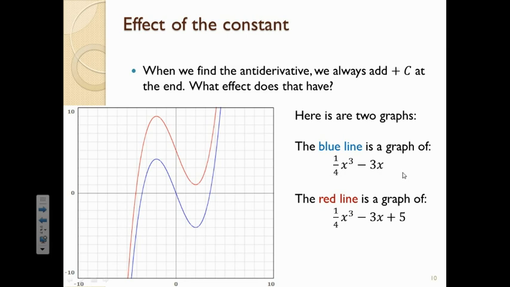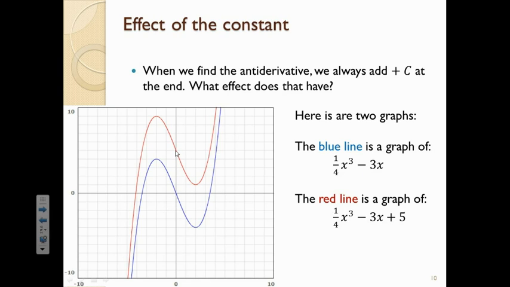Now the blue line is 1/4 x cubed minus 3, and it's this line. And if we had the red line, it's the same function, but we're adding 5 to it.